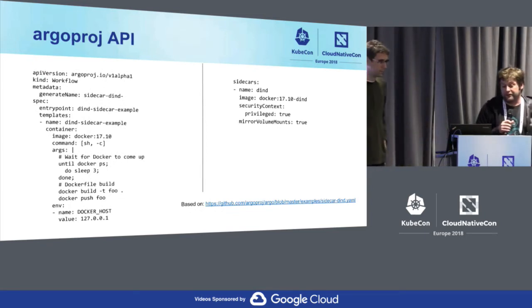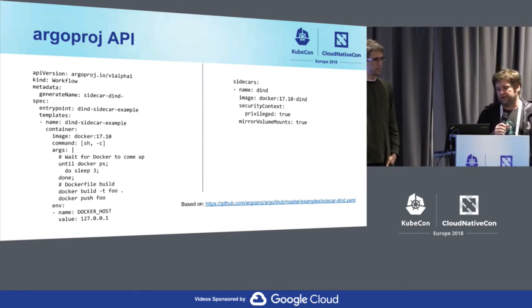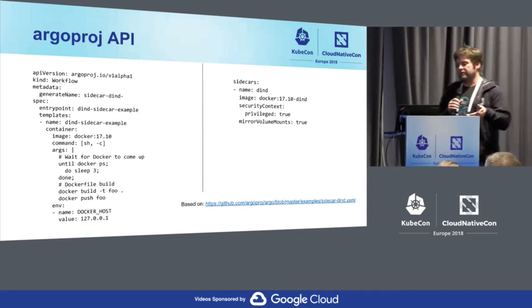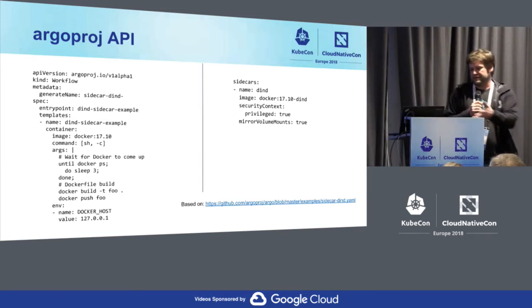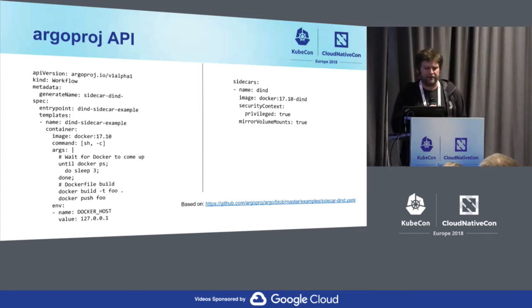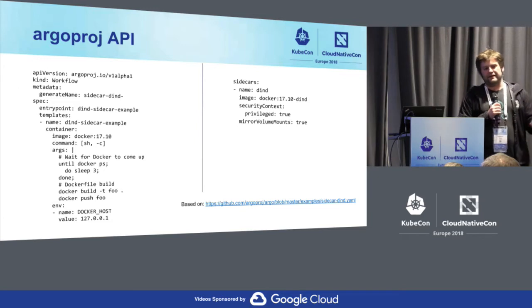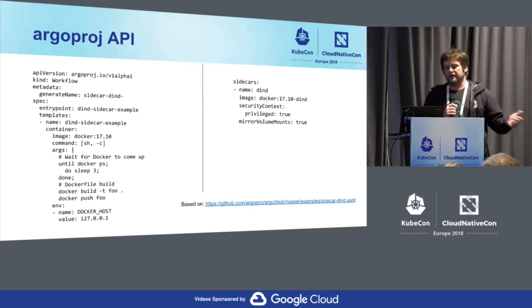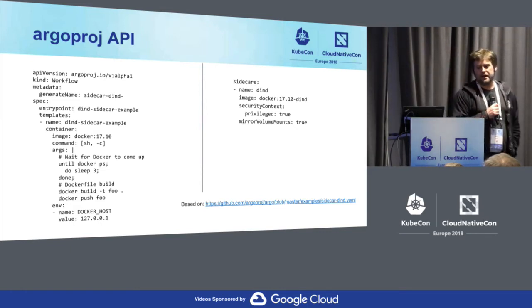So another CRD worth calling out that I know some projects are using for build is the Argo Project workflow CRD. This example is largely lifted from one of the sample YAMLs in their repo, but you can see that it's basically launching a Docker-in-Docker sidecar, and there's a little script in here that will run a Dockerfile-based build against it.